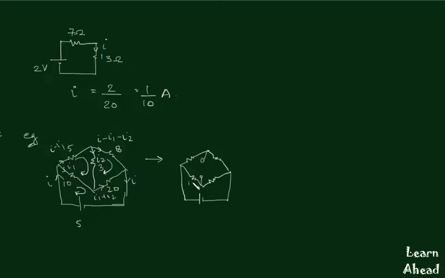This resistance is 10 ohm, this is 20 ohm, this is 5 ohm, and this is 8 ohm. Let this current be I1 and let this current be I2. So I1 will be equal to 5 volts upon 13, that is 5 upon 13, and I2 will be equal to 5 upon 30.